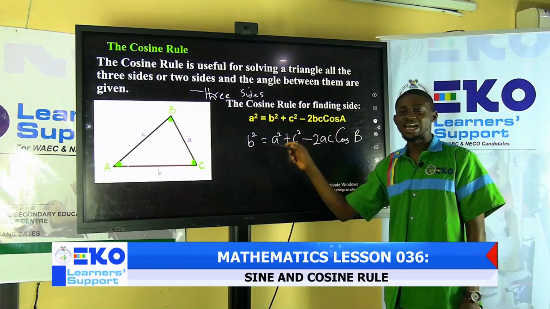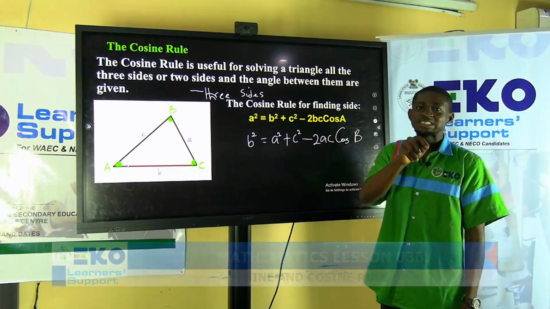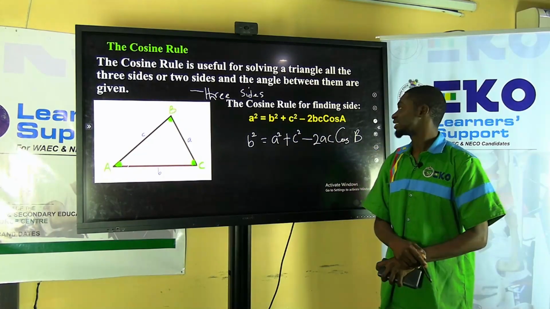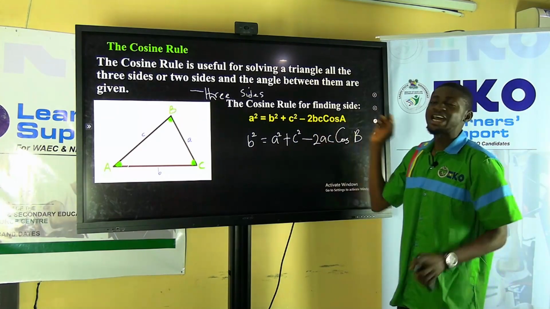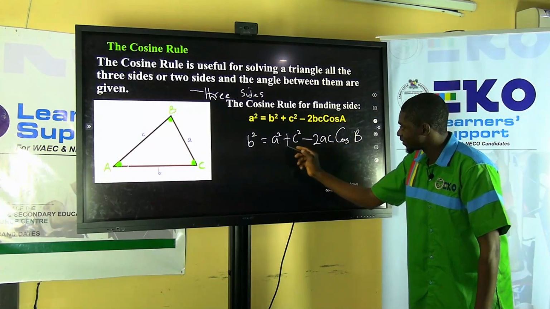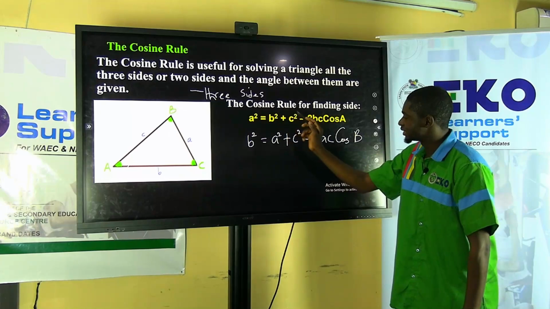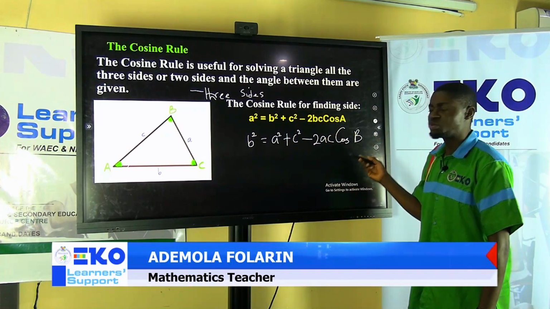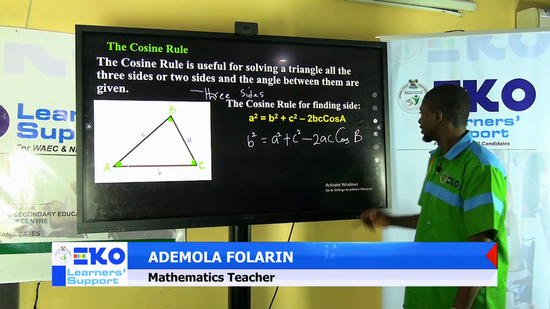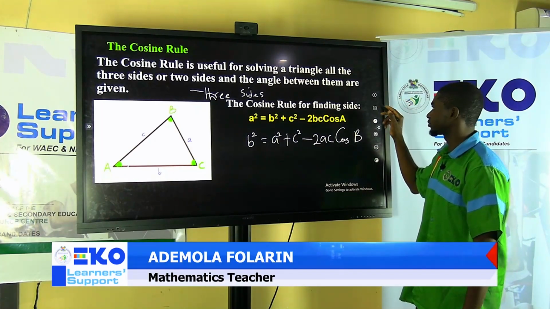That is when we are looking for a side, and the angle of that side and the other two sides are known. What if it is 3 sides? Just from here, we have the 3 sides, and we need the angle of any of it. Just make the angle the subject of the formula. It becomes something of this nature.